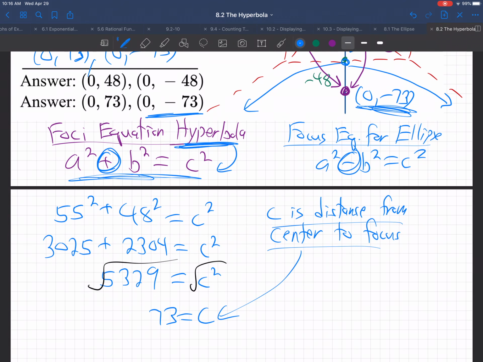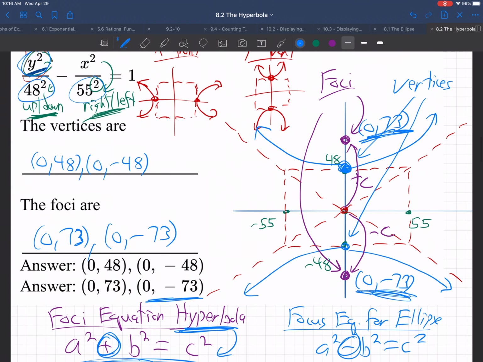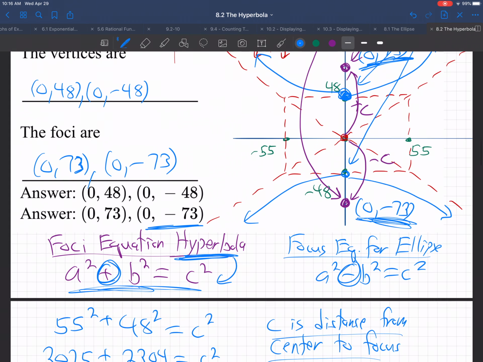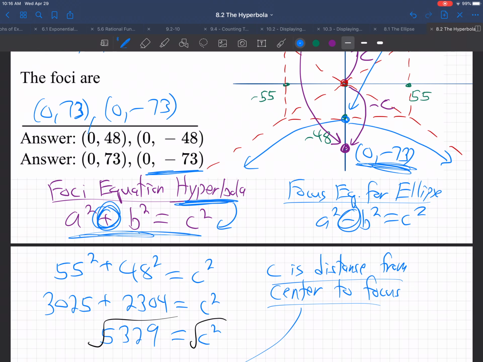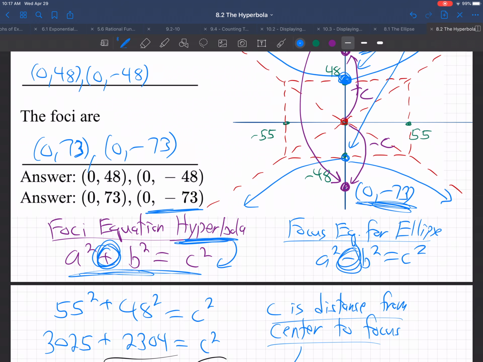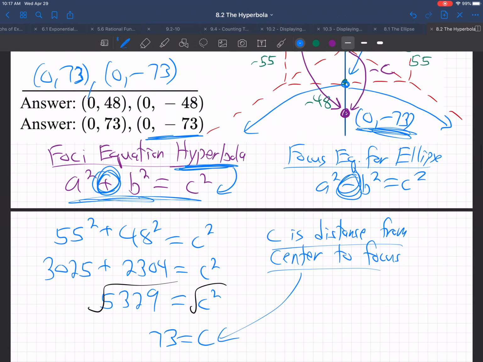So we use the focus equation, which is almost the same for the hyperbola and the ellipse, with opposite signs. Whatever sign they have in the main equation, the hyperbola has minus, then it's opposite, plus, in the focus equation. For the ellipse, it has plus in the main and minus in the focus equation. Otherwise, it's the same focus equation. It's the Pythagorean theorem, basically.